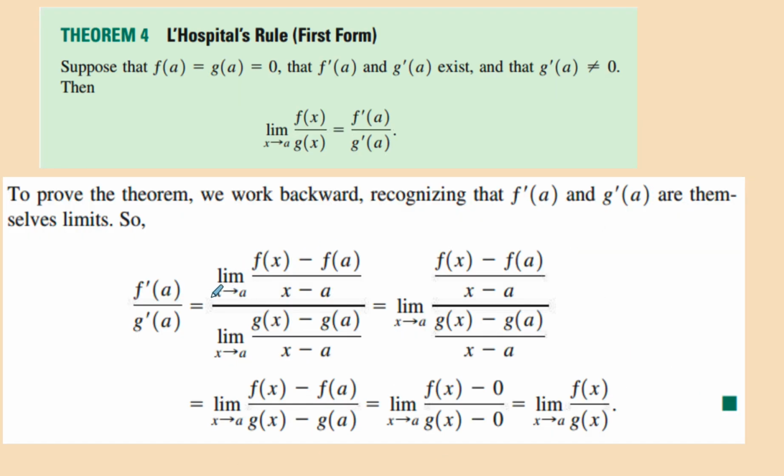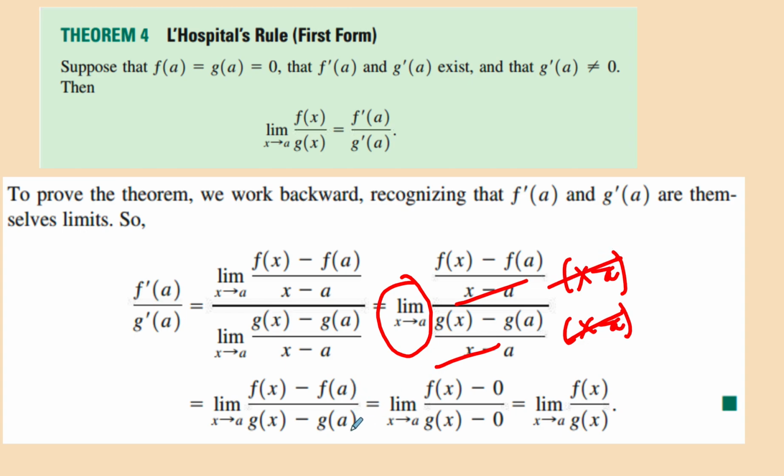Why is this working? Well, the derivative of f at a over the derivative of g at a is this. This is the definition of a derivative. Since they both have the same limit expression, let's make it into the whole expression with one limit. So this whole fraction now is in regards to one limit. We're going to multiply the numerator by x minus a and the denominator by x minus a, and that'll eliminate and simplify the complex fraction.